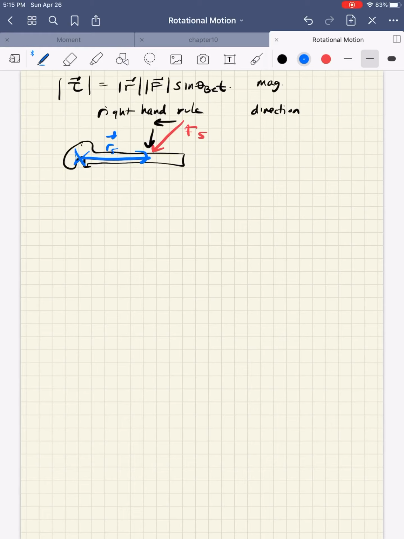A lot of times I want to look at kind of the angle between the two. So if I had lined up my r vector and my force vector tail to tail, it would look more like this. And then this could be the angle between them right here, right? Angle between them.